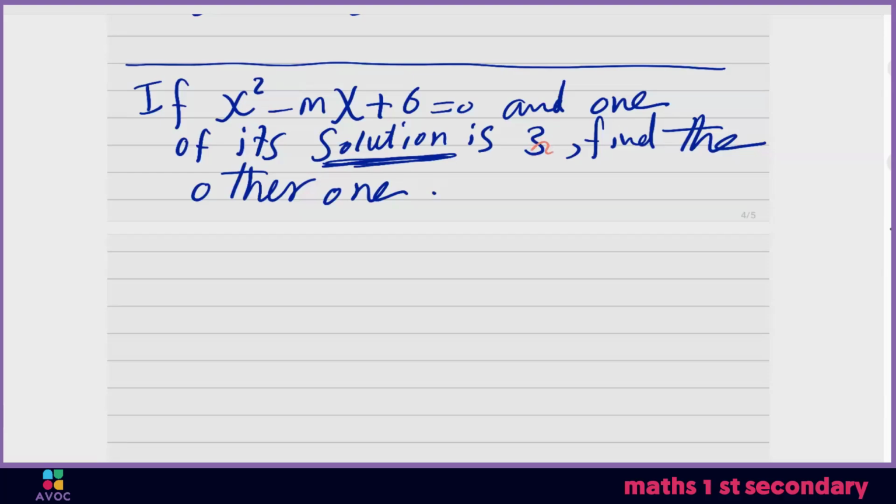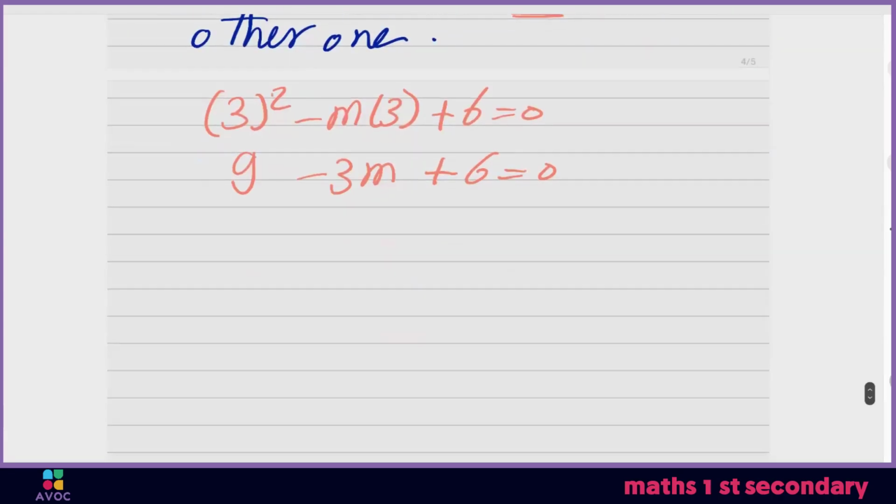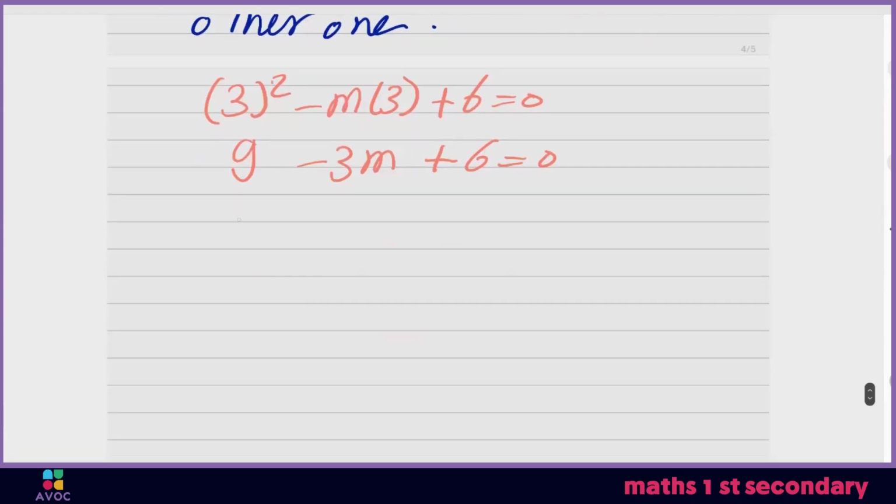Solution means if we substitute x by 3, the result equals 0. So 3 power 2 minus m times 3 plus 6 equals 0. So 3 power 2 equals 9, minus 3m plus 6 equals 0. 9 plus 6 equals 15, minus 3m equals 0.